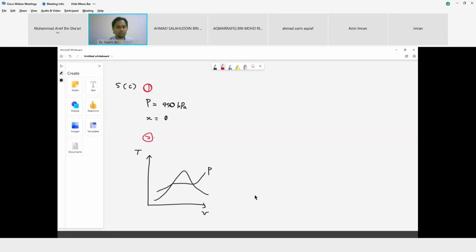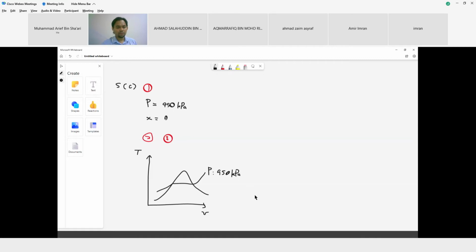Step number 3: transfer all the information given into our diagram. Step number 3, masukkan nilai. Masukkan semua nilai dan dapatkan lagi maklumat-maklumat yang dapat membantu kita.